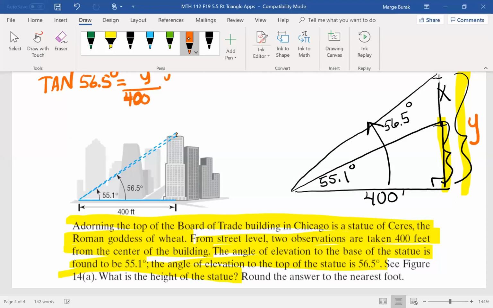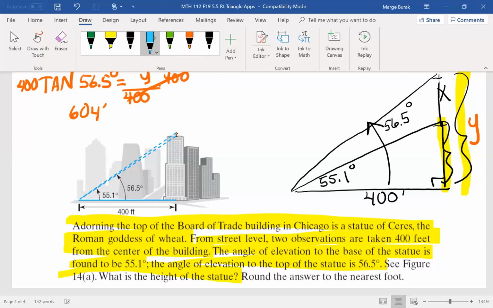So if we multiply both sides by 400, this cancels. And if you put 400 times the tangent of 56.5 degrees, you will get 604.33. Okay, nearest foot, I'm going to stick with 604.